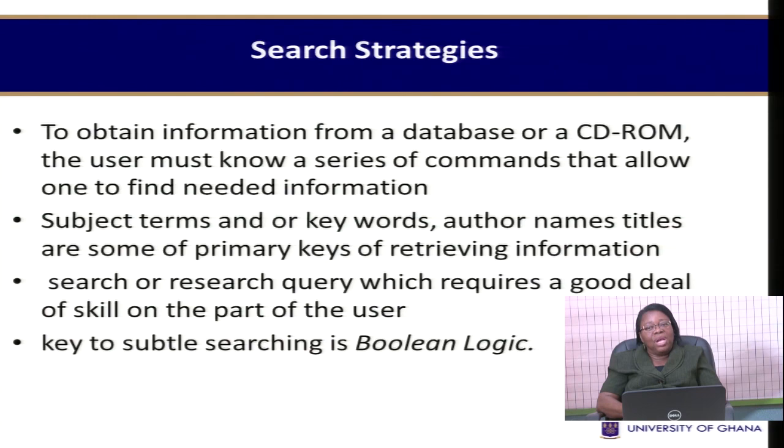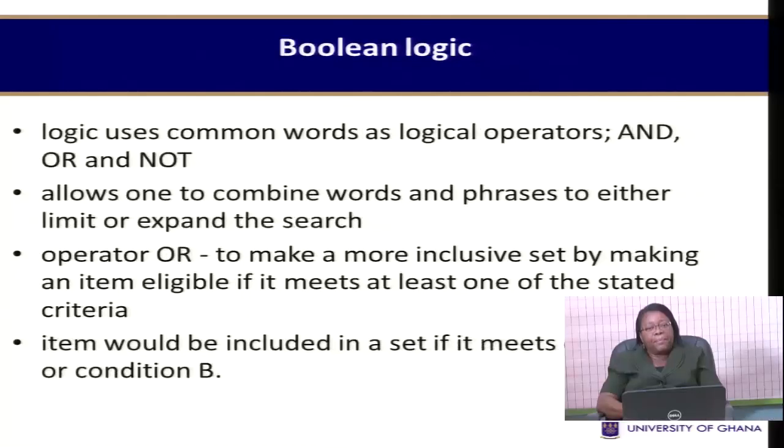I mentioned Boolean logic in a couple of lectures earlier. So now let's go into detail and look at Boolean logic and what it is. Boolean logic uses a set of logical operators known as AND, OR, or NOT. And these allow you to combine words and phrases either to limit or expand your search.